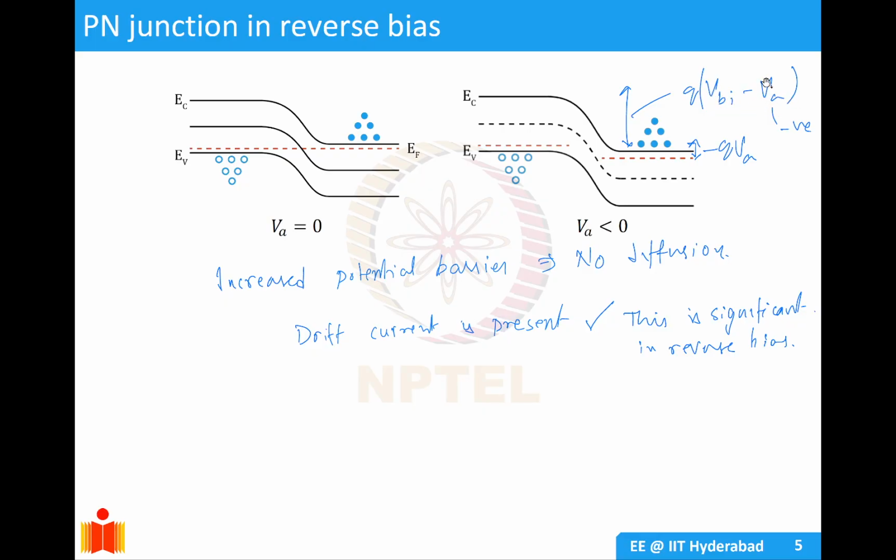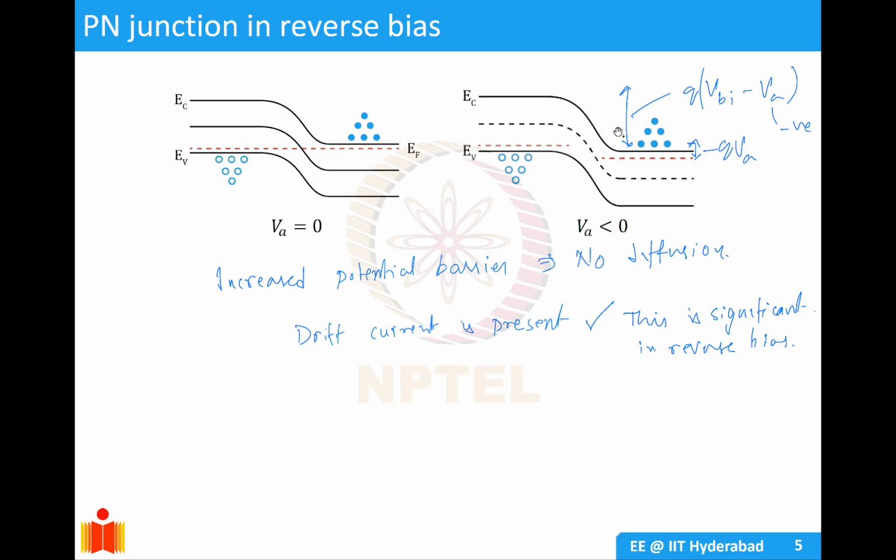It's minus VA because VA itself is now negative, but if we consider VA positive, then it's VBI plus VA. So the magnitude of this increases. Now your potential barrier across the junction has increased.